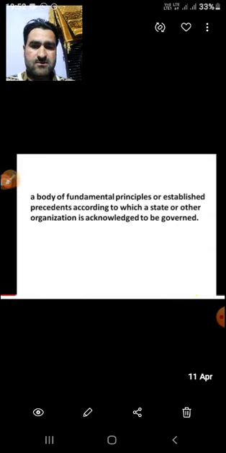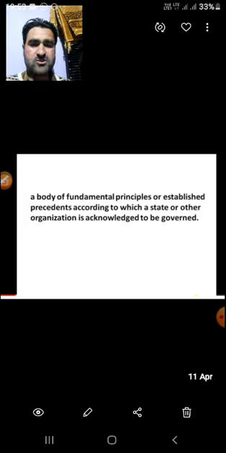So I would be here highlighting the most simple definition of the constitution. It is a body of fundamental principles or established precedents according to which a state or other organization is acknowledged to be governed. This is the most simple definition, which stresses upon the fact that the Constitution as a document is the embodiment of certain principles.